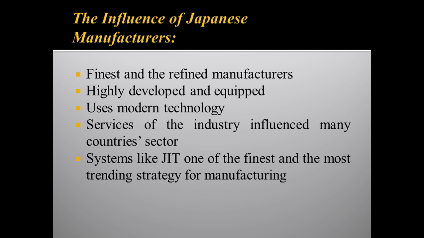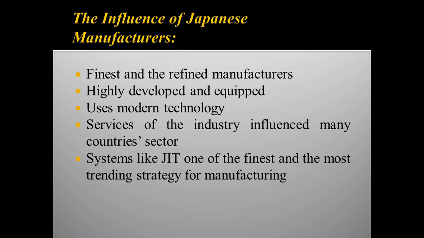In short, if we are talking about Japanese manufacturers, we have to find the crux of it. First, they are the finest and most refined manufacturers. Second, they have highly developed and well-equipped technology.